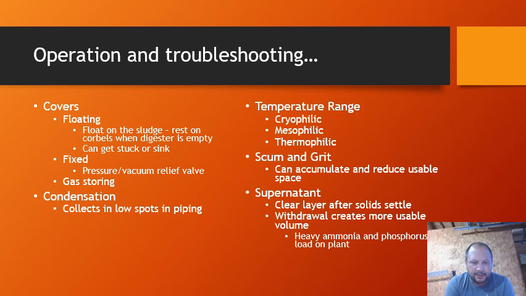So you'll get a fair amount of condensation. That condensation has to be removed sometimes several times a day in the wintertime. So gas piping in anaerobic digesters as it leaves the digester is designed to have condensation traps at low points in the piping where condensation will be collected, and those have to be emptied on a regular basis.